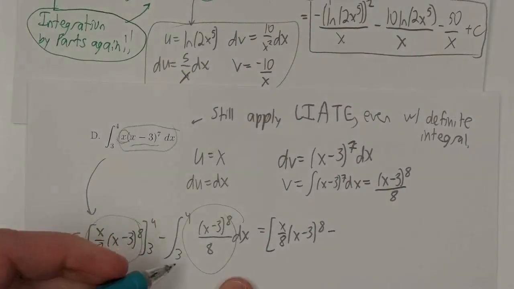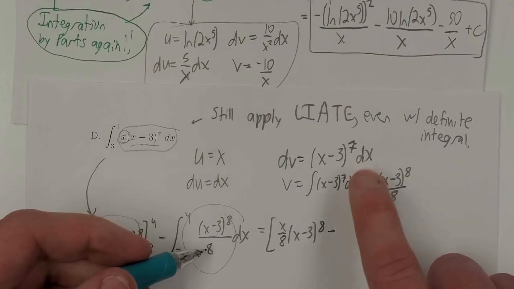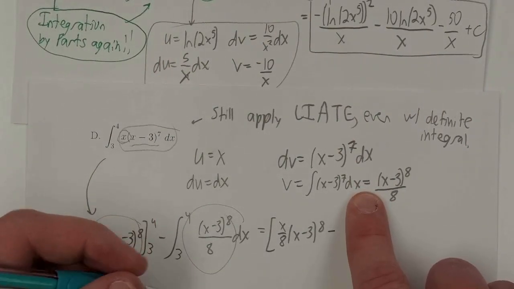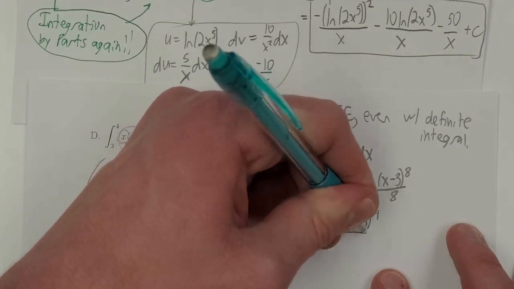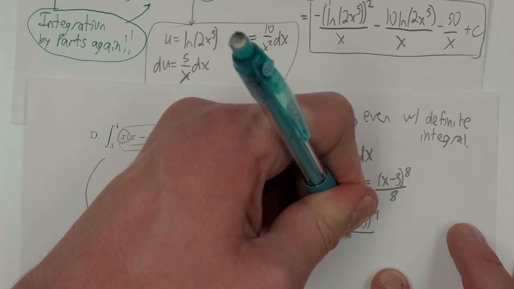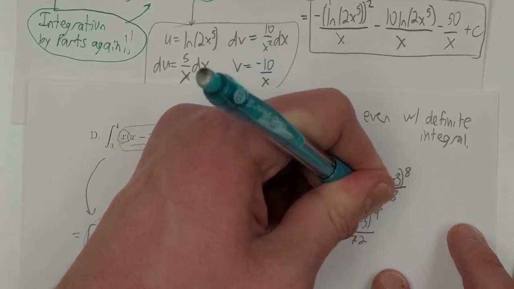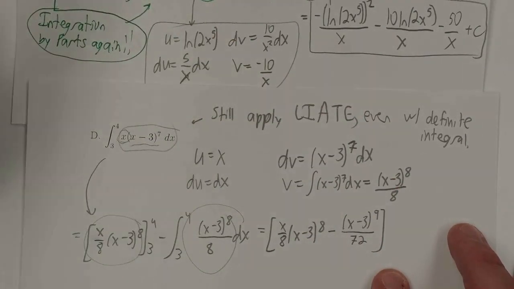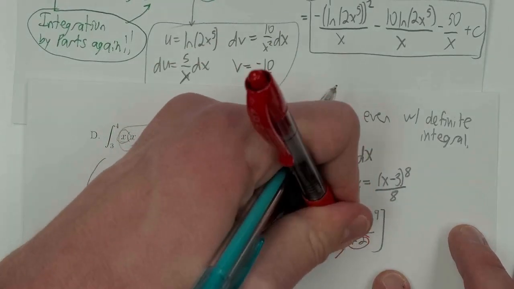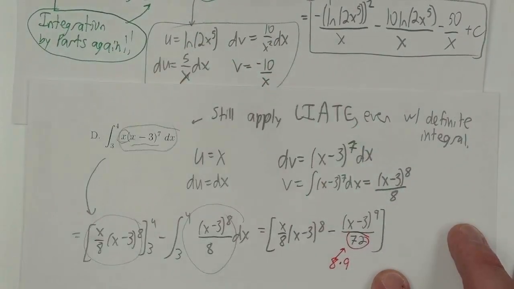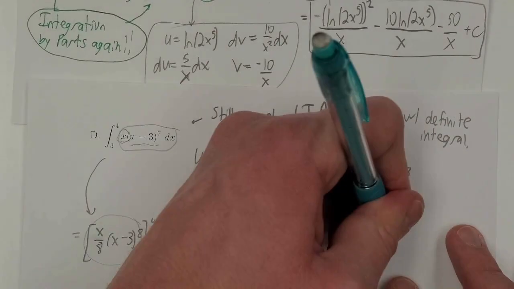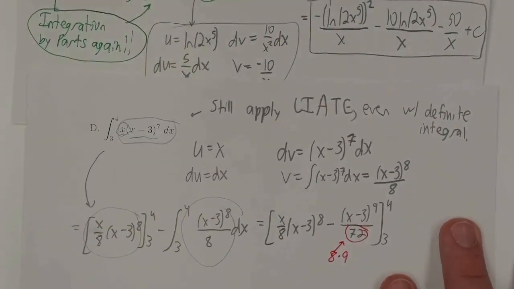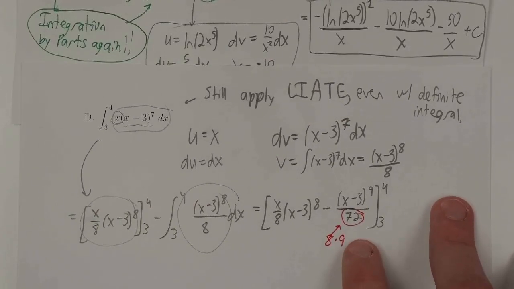And then minus, by similar reasoning as our integration here, you should end up with x minus 3 to the power of 9 over, in this case, 72. The reason I have 72 here is because this is just 8 times 9. So that's how we get 72. Right? Okay.